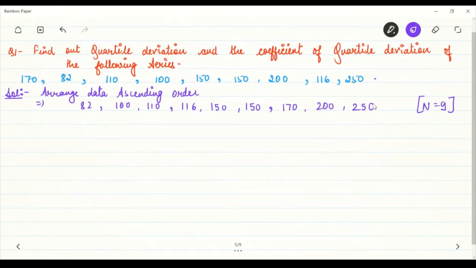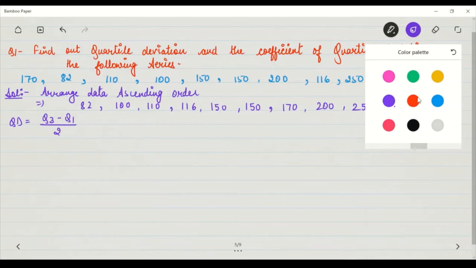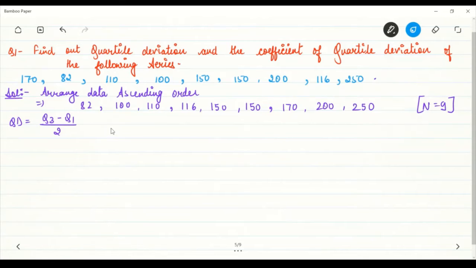Now let us see what the formula to calculate quartile deviation was, and according to that we will solve the question. The formula is Q3 minus Q1 by 2. Now we don't have Q3 or Q1, so let us first calculate Q3 and Q1. What is the formula to calculate Q1?